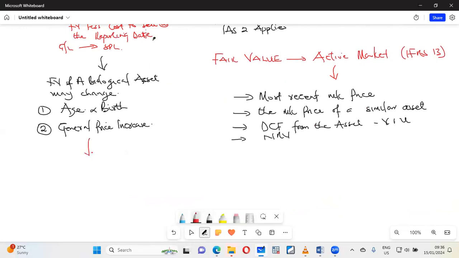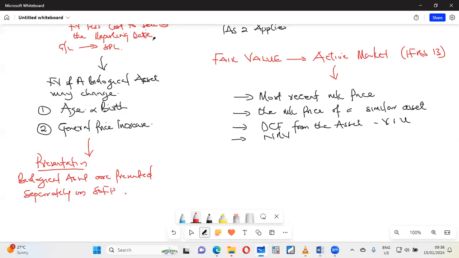In terms of presentation, you have to present biological assets separately on the SOFP within the NCA.